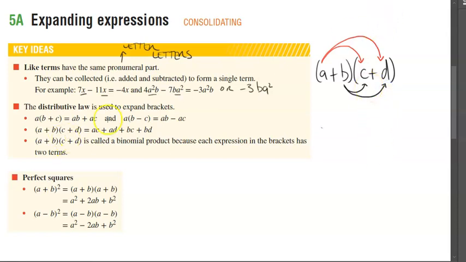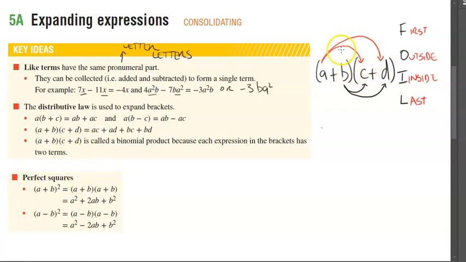Now we use this little acronym called FOIL. I'm not too sure if you've heard of this one before, or you've seen it before and you don't remember. This just means first, outside, inside, last. The first term in the first bracket gets multiplied with the first term in the second bracket.